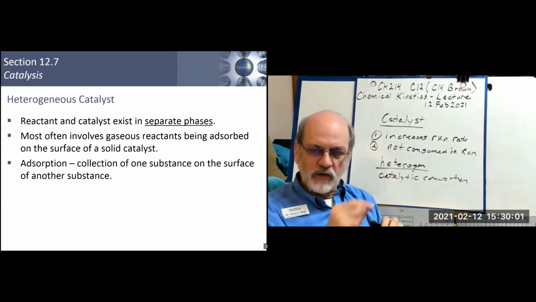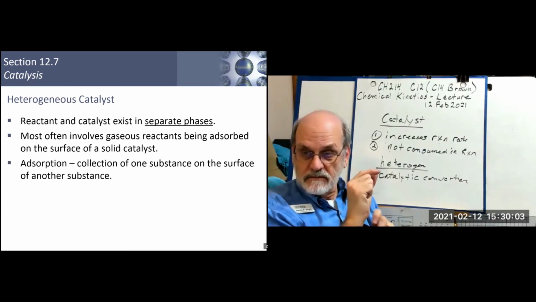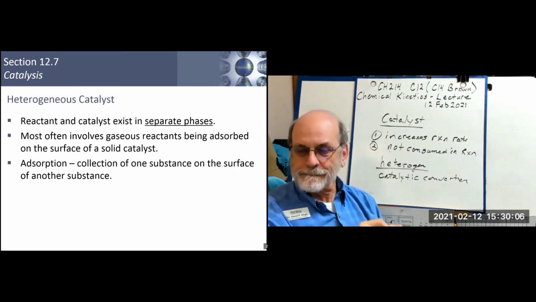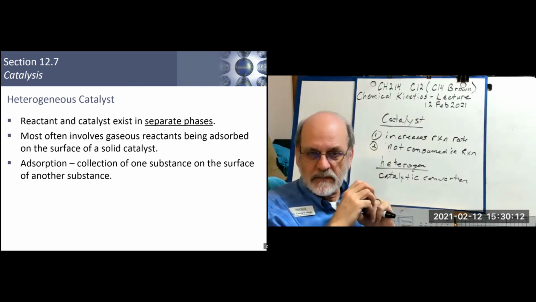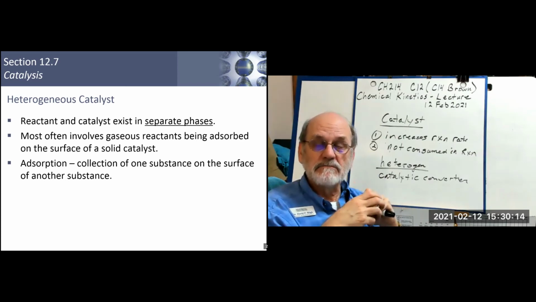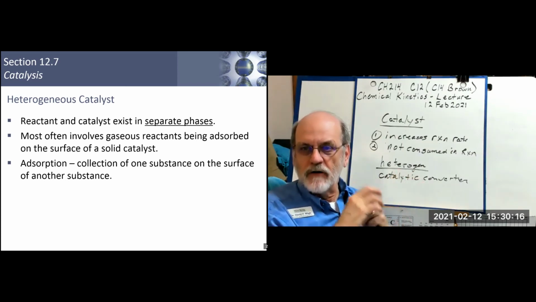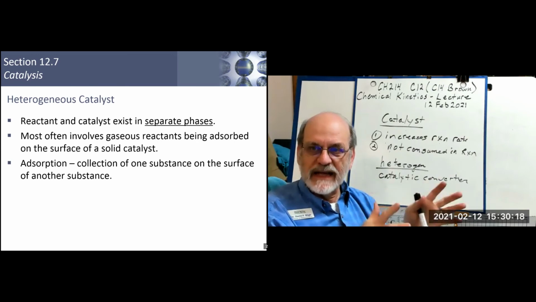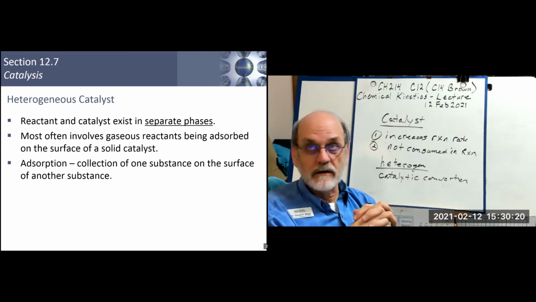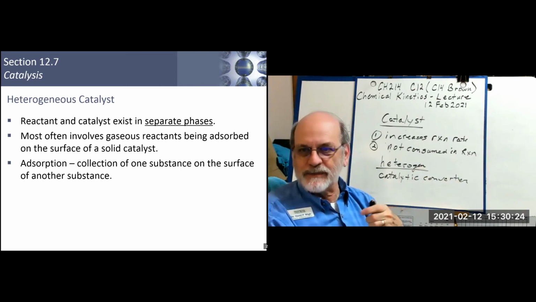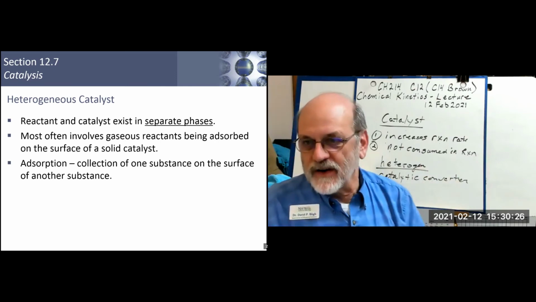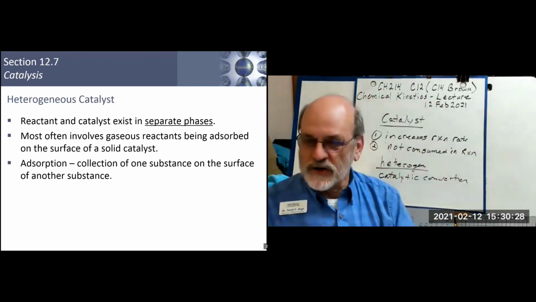You have little ceramic beads just packed in there, and coating on those ceramic beads is usually a mixture of platinum and palladium. Those are known as noble metals. Well, the platinum is a noble metal, but they're both very expensive. So that's why they're coated on ceramic beads.